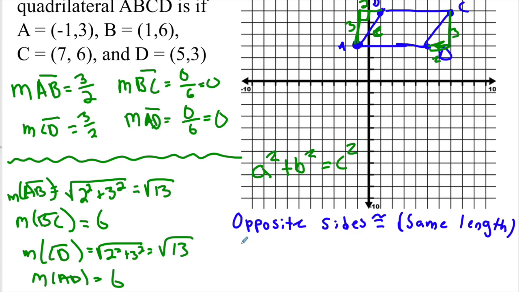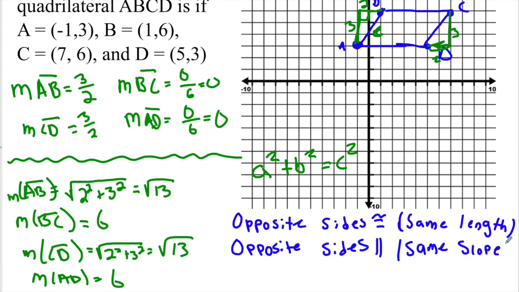Okay, what else do we know? Opposite sides are parallel. I know that because they've got the same slope. Okay? And again, if you claim that, I can come and look.